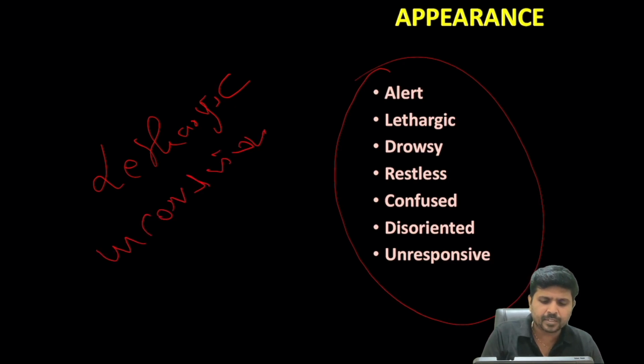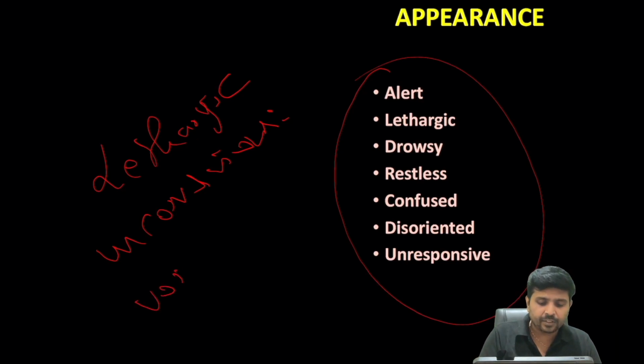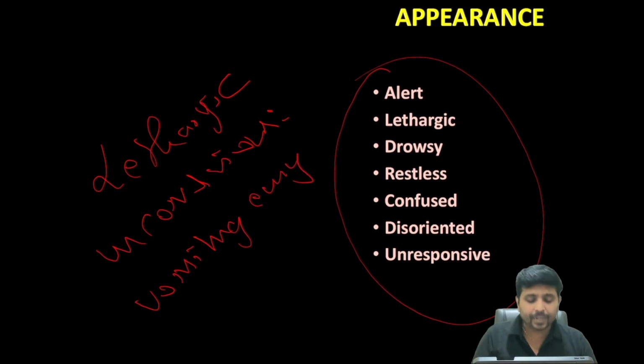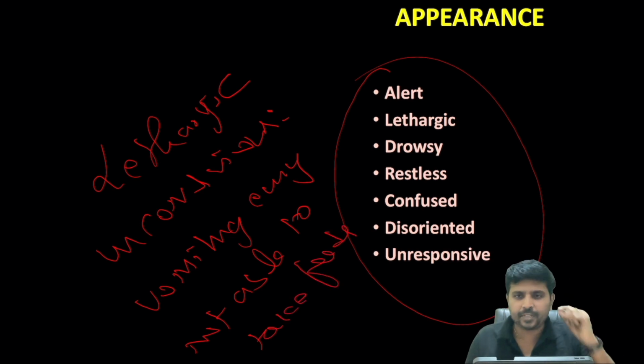Lethargy means there will be some amount of response. Unconscious means there will not be any response. And whether the child is vomiting everything or not able to take feeds. These are the four general danger signs that are explained in IMNCI.